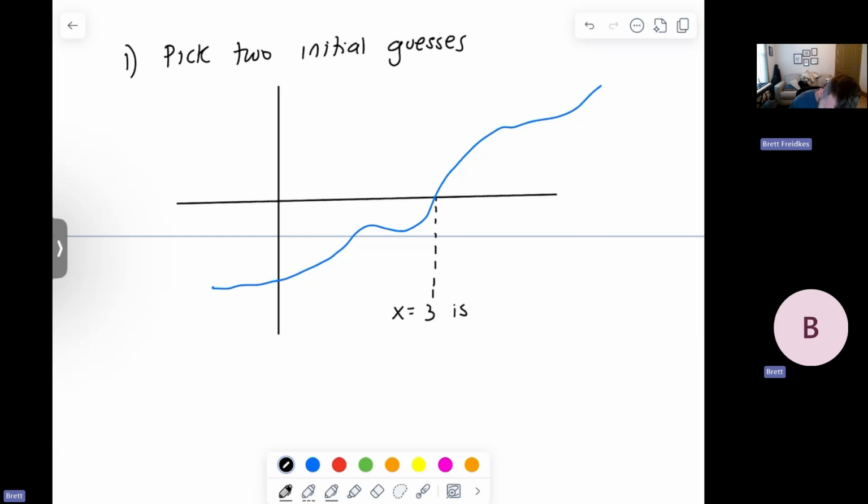X equals 3 is the answer. And maybe I pick two initial guesses. Maybe one of my initial guesses is x equals 4. And then my other one, let's make it x equals 0 for conceptual sake.